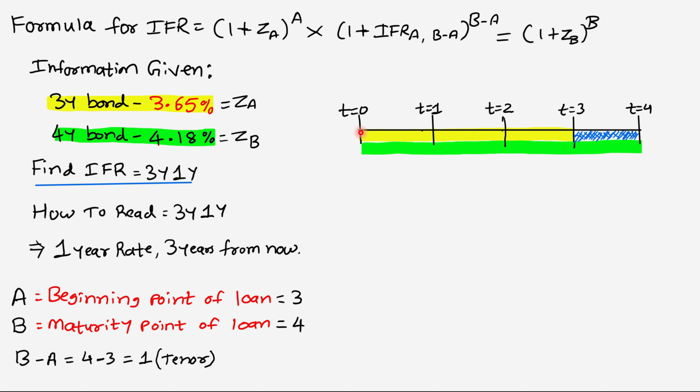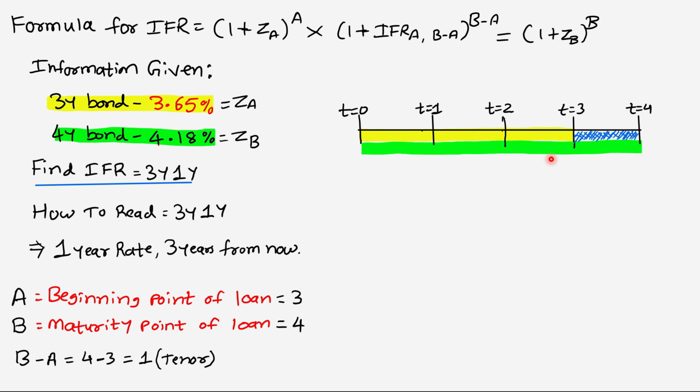So we have a timeline here: t equals 0, the end of year 1, end of year 2, 3, and then the end of year 4. The 3-year bond, highlighted in yellow, is paying 3.65%. So if you go out in the market, you buy the bond, you invest, let's say, $100, you can expect 3.65%. If you buy a 4-year bond, highlighted in green, it's paying 4.18%.